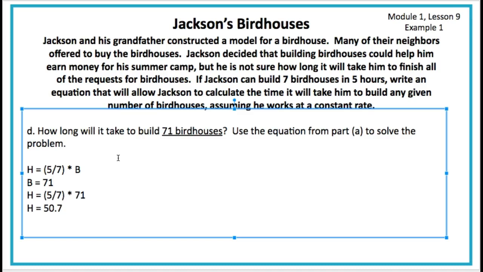Now, what do we do with this 0.7? So we know it's 50.7 hours. So 0.7 is equal to 7 over 10 hours. 7 over 10 times 60 minutes per hour gives us 42 minutes.